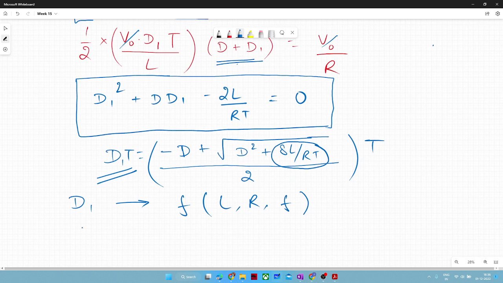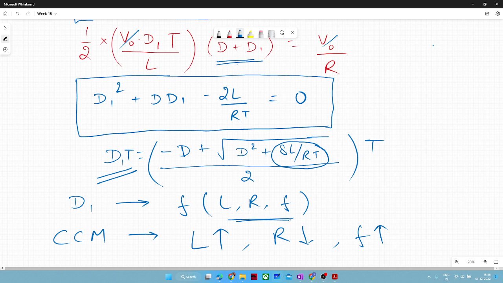Now, to make this same circuit work in continuous conduction mode, you can either increase the inductance, reduce the resistance, or increase the frequency. Anything you do will depend on these 3 points only.